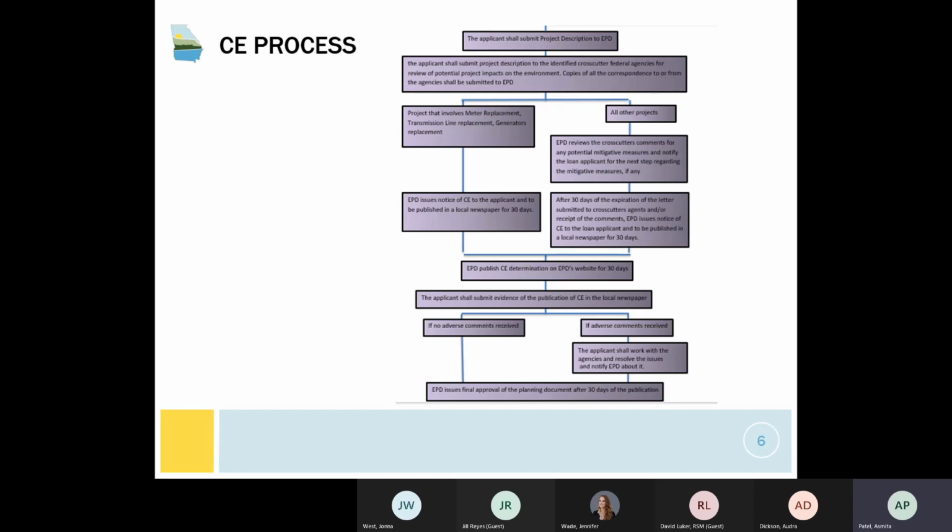The agencies which drinking water requires are U.S. Fish and Wildlife Service, Historic Preservation Division, and U.S. Army Corps of Engineers. The applicant submits the project description to the cross-cutter agencies and simultaneously to EPD, and all the correspondence from the agencies to and fro needs to be submitted to EPD so that the drinking water department is in the loop.